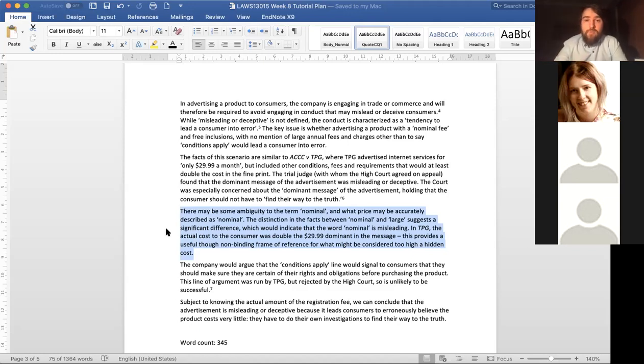And that's why it's really important to be paying attention to the nuances in the facts, but also to have a really good understanding of the law as it relates to those facts. Does that make sense? Any other thoughts or observations about either this answer or comparing between the two?